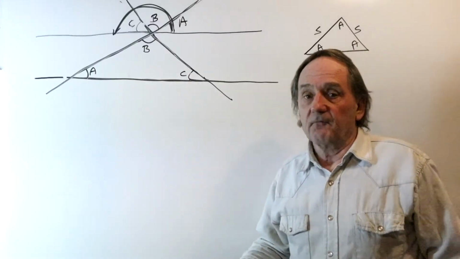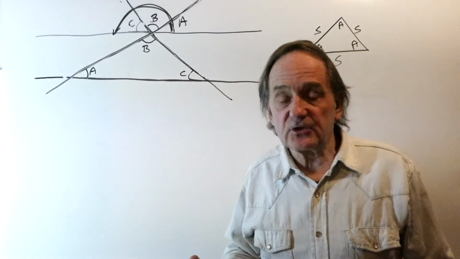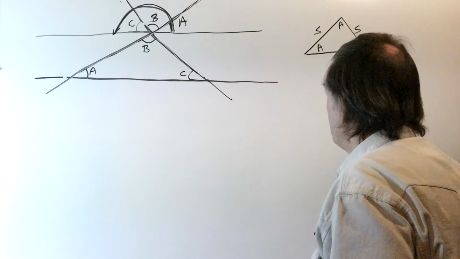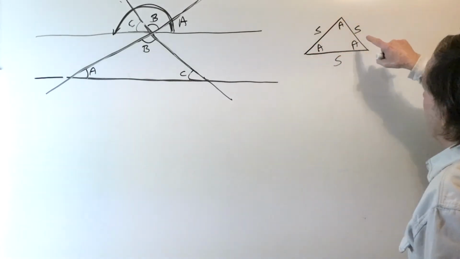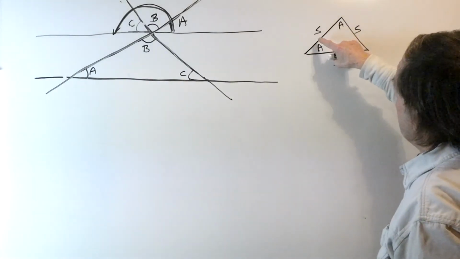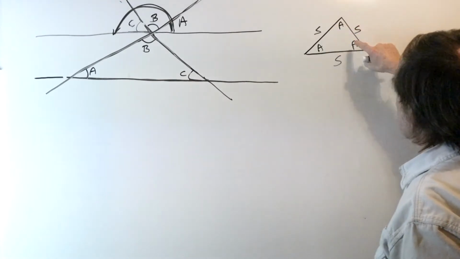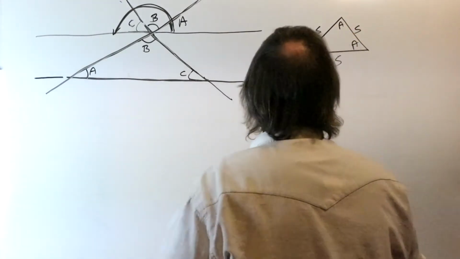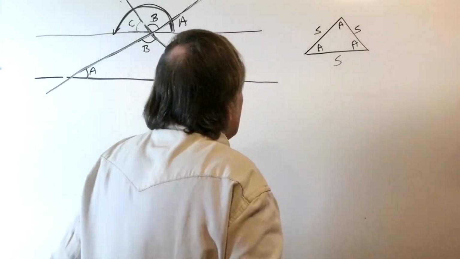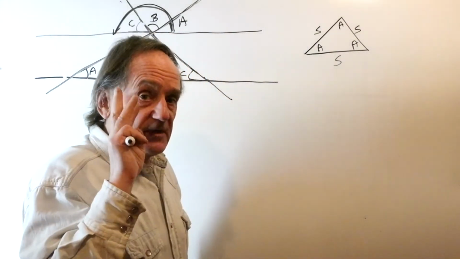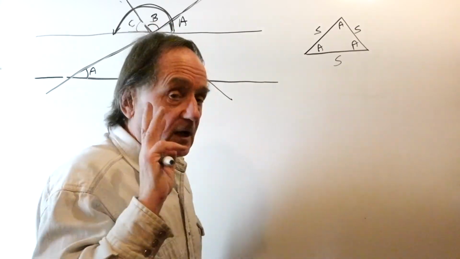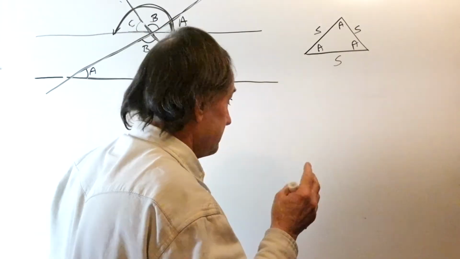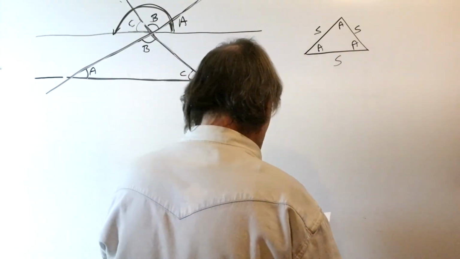Let's look at a convention that's used for establishing the congruency between two triangles. If we have a general triangle, we can designate we have three sides, side, side, side, and three interior angles, angle, angle, angle. Now, we can specify three things, either a combination of angles or a combination of sides in establishing congruency.